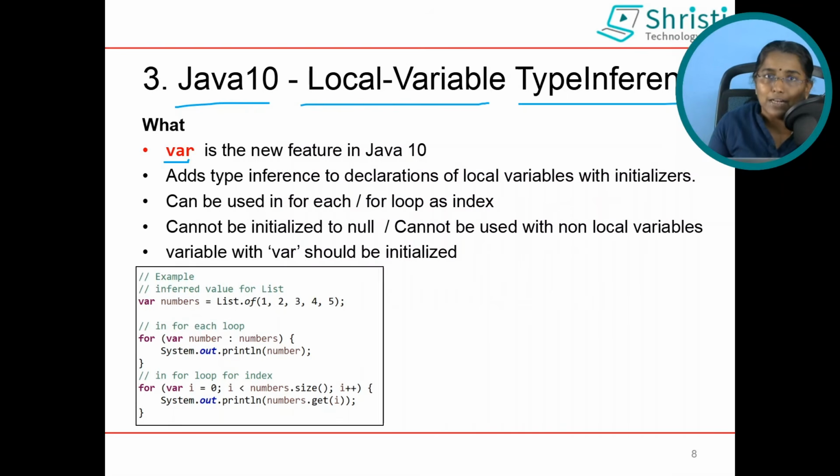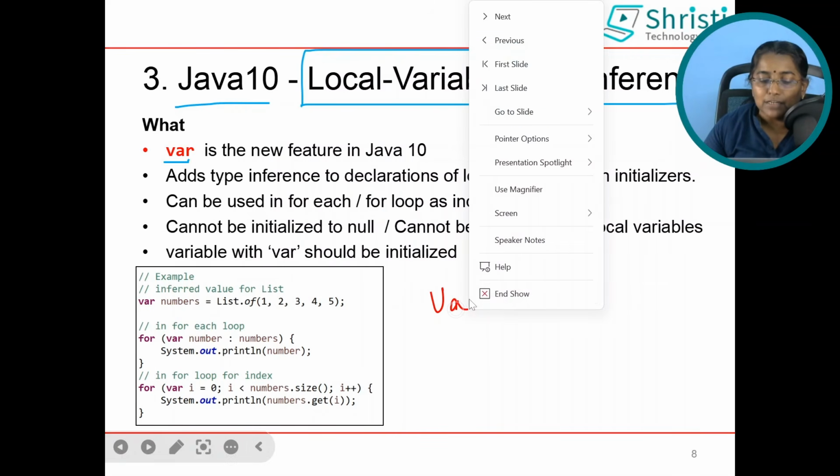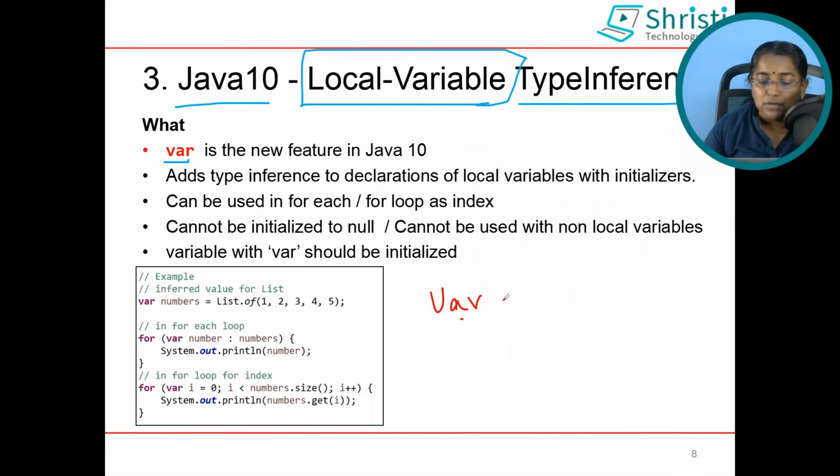Based on the value that you are providing for your variable, var will be considered as that particular data type. Can I use the var keyword everywhere? No. The var keyword can be used only with local variables. Whenever you are using the var keyword, it is mandatory that you initialize it while declaring itself, or else it will give you a compiler error, which means var can be used only with local variables with initializers.